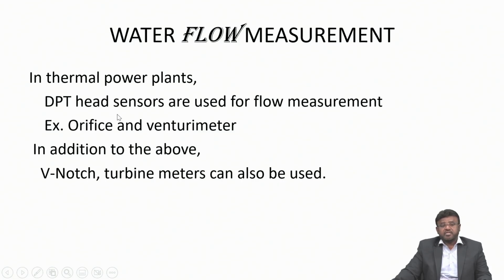However, all the flow measurement techniques are based on Bernoulli's principle, which deals with hydraulics and fluid mechanics. The DPT head sensors, examples given here, are orifices, venturi meters, V notch, or sometimes a flow nozzle. Like this, we have different types of sensors we will use for the measurement of flow.